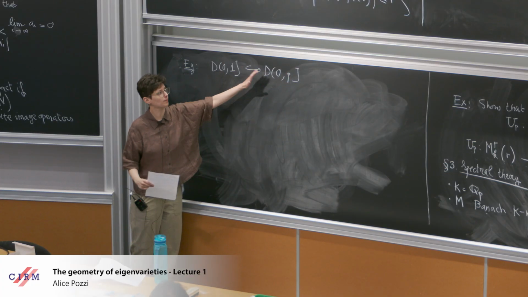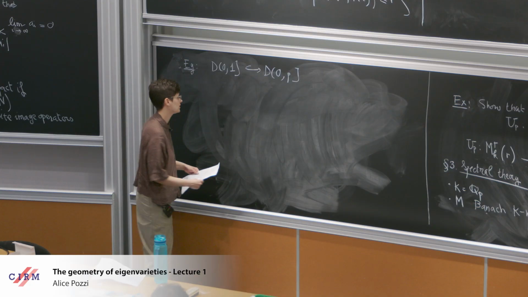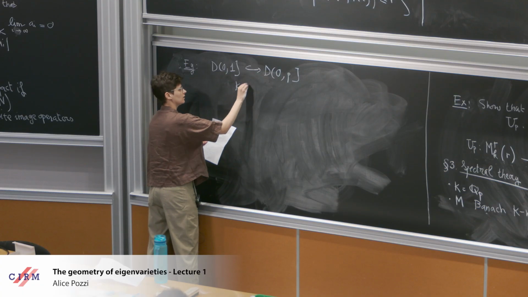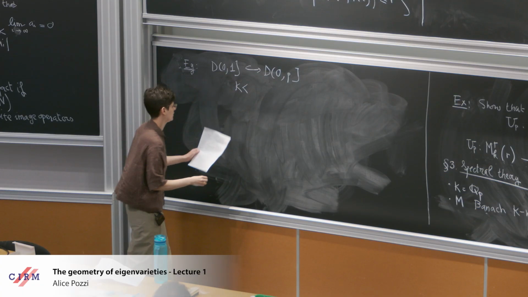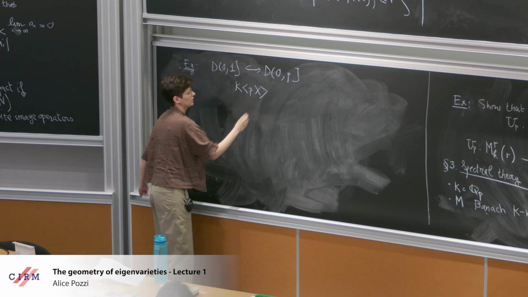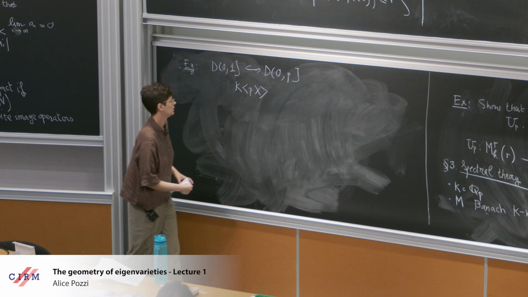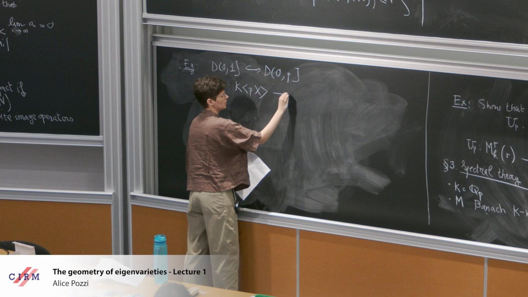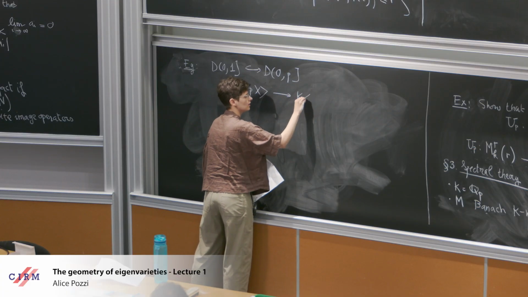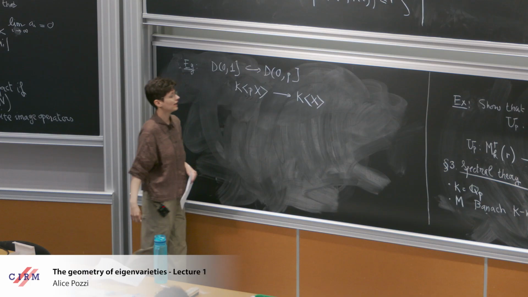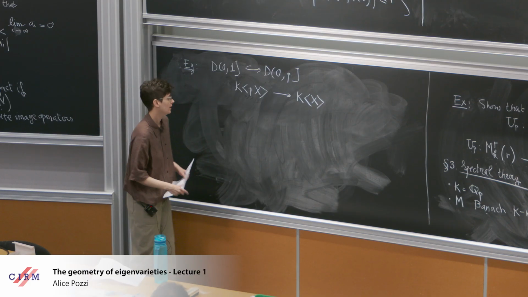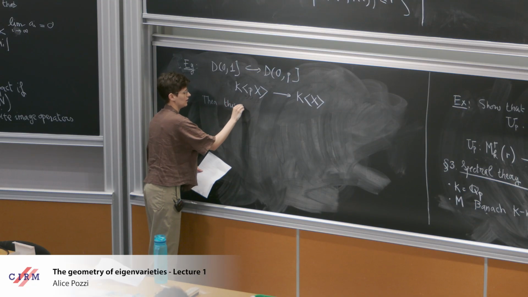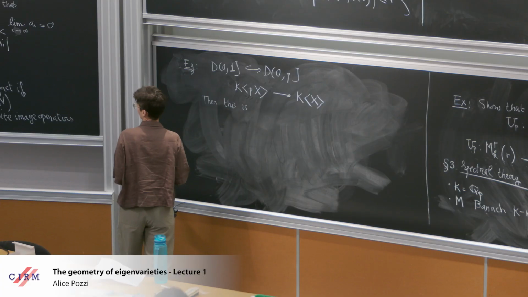So there is a corresponding map at the level of functions, given by mapping the Tate algebra K of px to K of x. Then this is a compact operator.